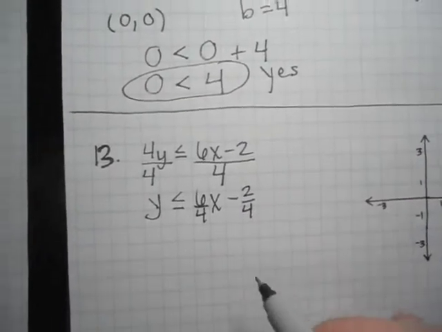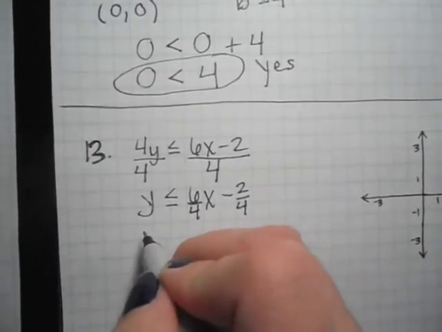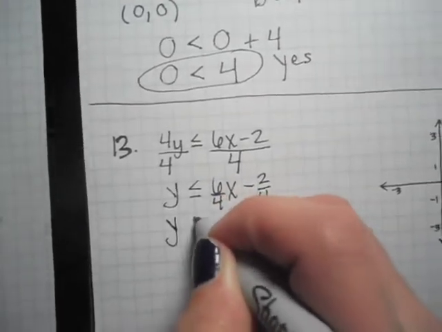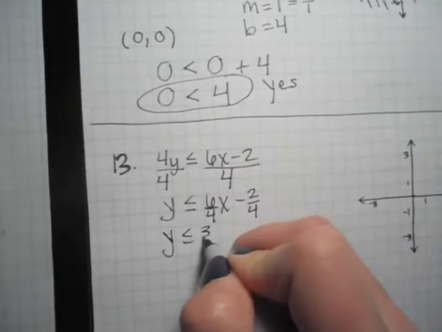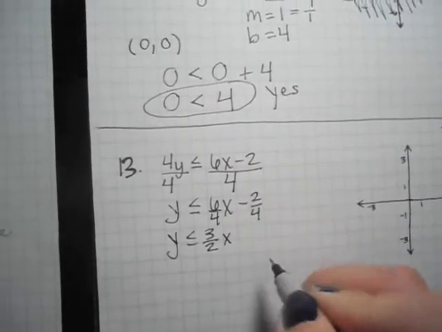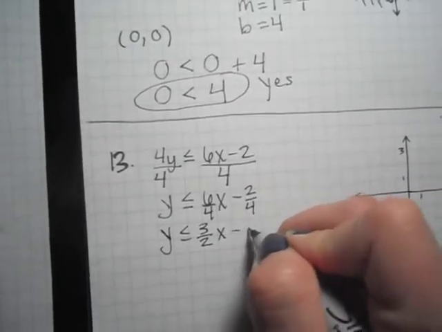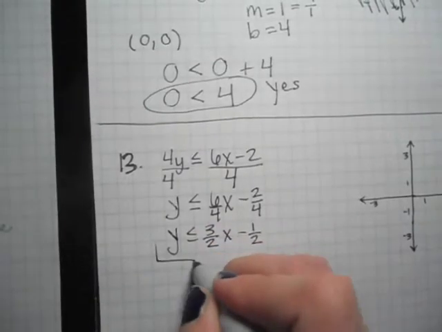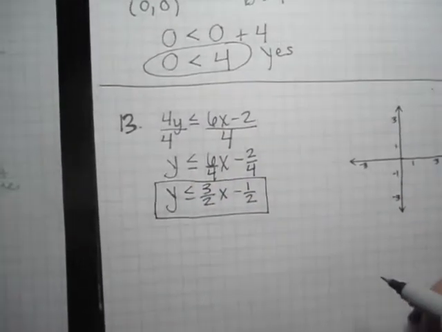Now I can simplify these fractions. We've got y is less than or equal to 6 over 4, which can also be written as 3 over 2, and negative 2 over 4 can also be written as negative 1 over 2. These are simplified fractions. So this is the inequality we will be graphing.